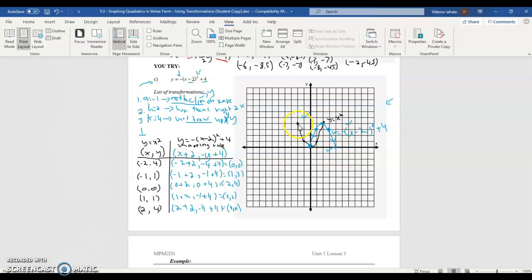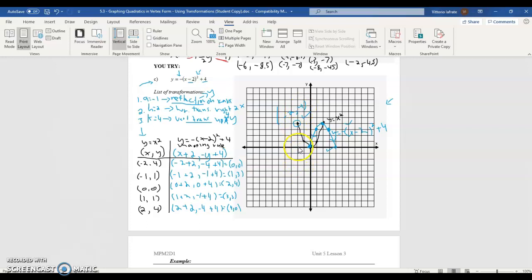So for example, if we take a look at this point over here, the one we started off with, and we looked a little bit confused at first. This point here was negative 2, 4. As a result of the reflection, if we applied that first, it would become negative 2, negative 4.